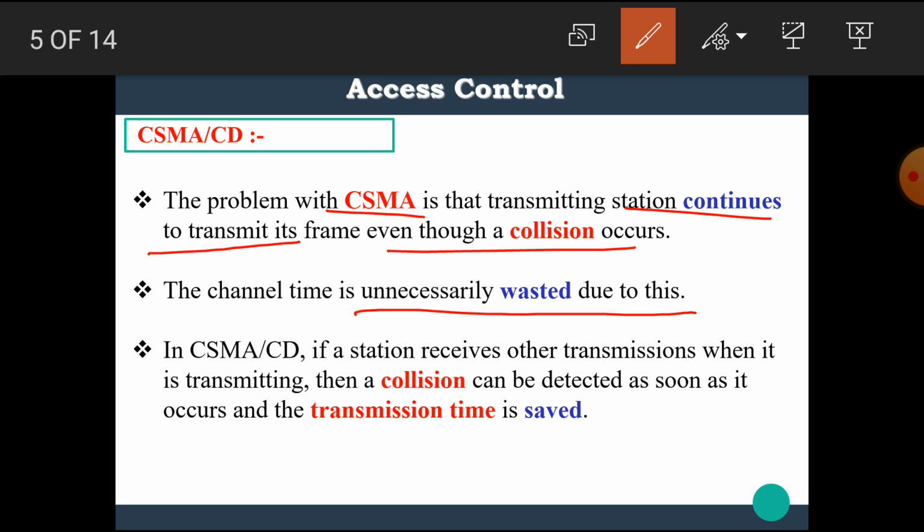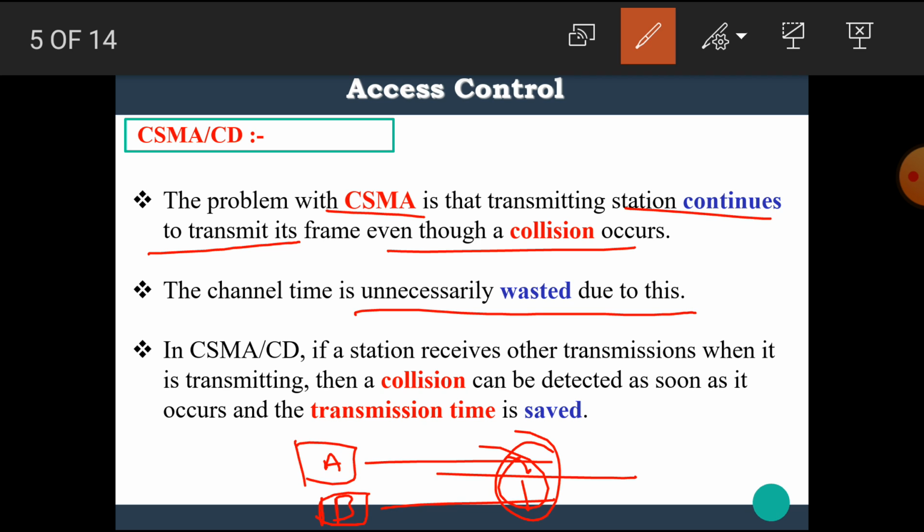We saw that in CSMA, if two stations, suppose station A and station B, transmit on the idle channel and a collision occurs, even after the collision, station A transmits its data and station B also transmits its data. That means stations A and B continue to transmit, and due to this, the channel time is wasted.